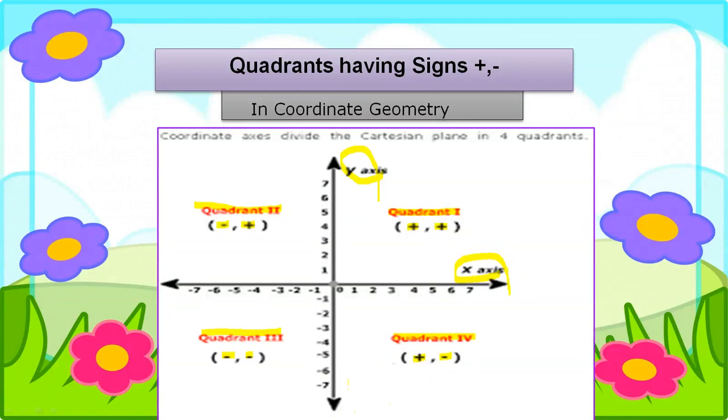So how do you remember these? Yes, learn with fun. Look at here. Both are plus plus. Opposite to it, both are negative negative. Look at over here, this is minus plus. I can reverse it, plus minus. So remember this strategy.